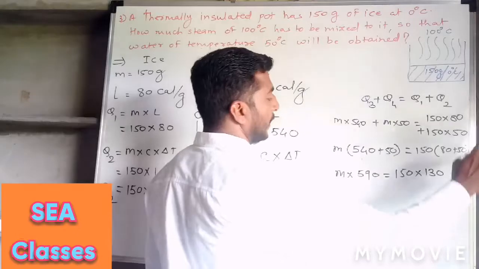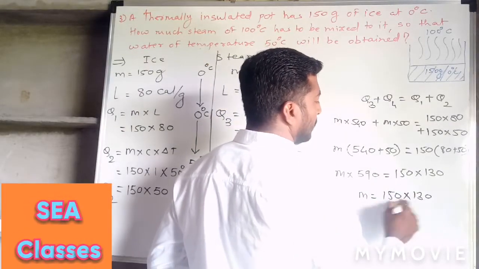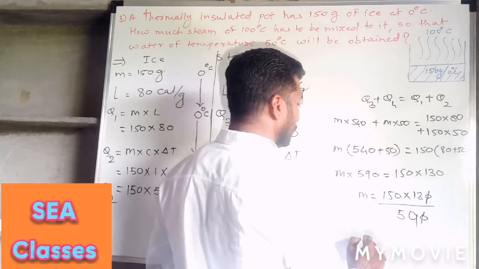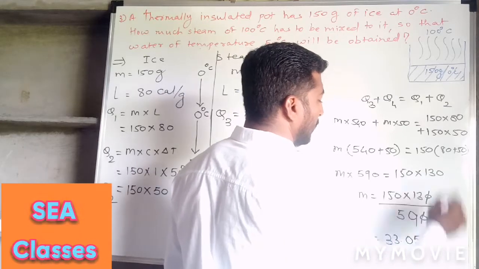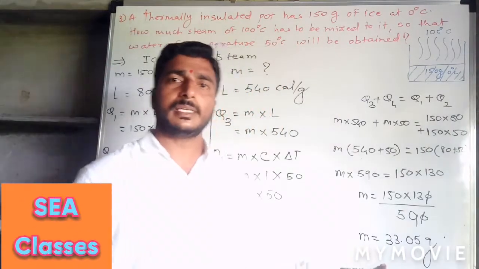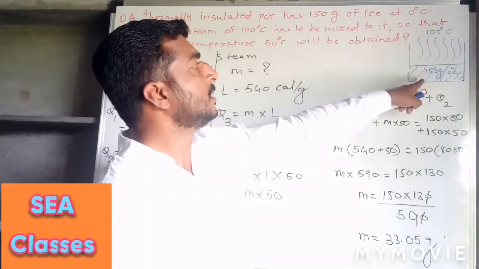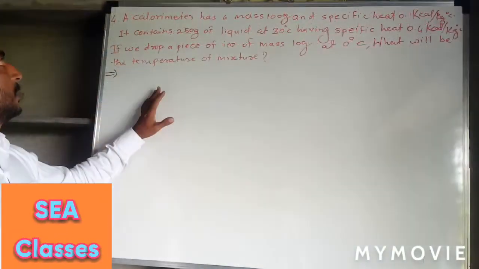So 590 goes to that side, it will divide. If you calculate, you will get the value of 33.05 gram. So this much amount of steam will be required to convert ice into water of 50 degrees Celsius. Now we'll see the fourth example.